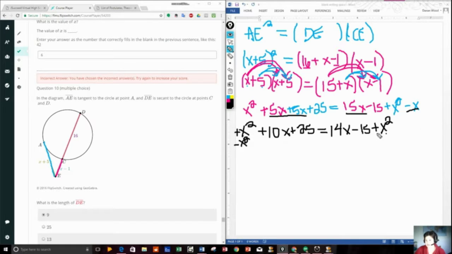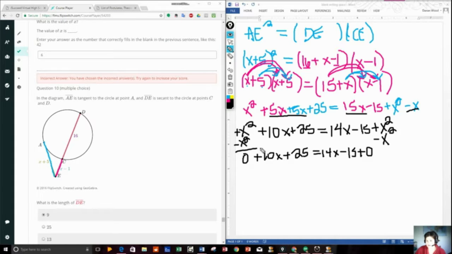So subtract x squared from both sides. So x squared minus x squared is 0 plus 10x plus 25. That's going to equal 14x minus 15, and x squared minus x squared is 0.